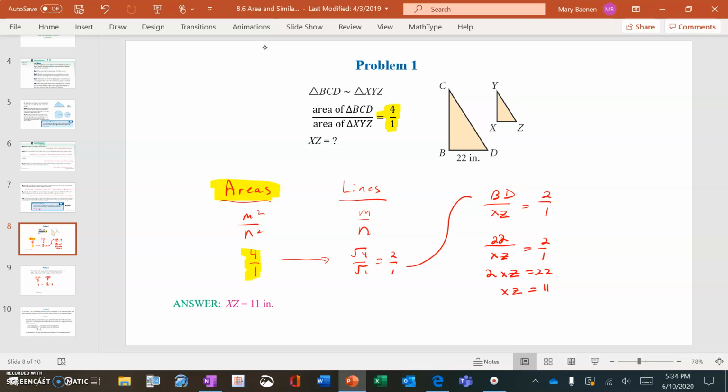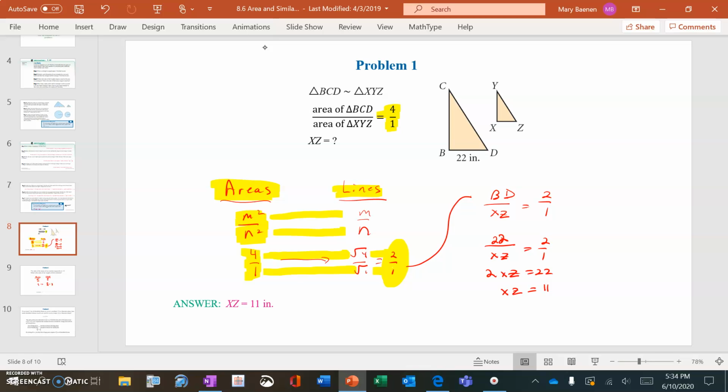Areas are m squared over n squared, and the lines are m over n. So to get from m squared to m, I have to take the square root. The square root of 4 is 2, and the square root of 1 is 1. So the lines are in the ratio of 2 over 1.